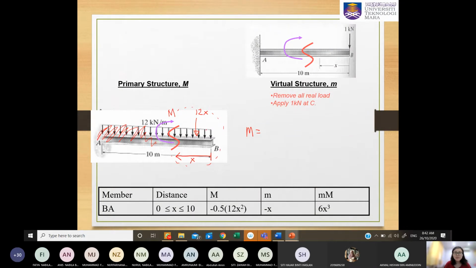Okay, so the tip is, maybe I write first: if the loading that will contribute to moments at x is acting in the same direction, you put it, it will give you a negative value.